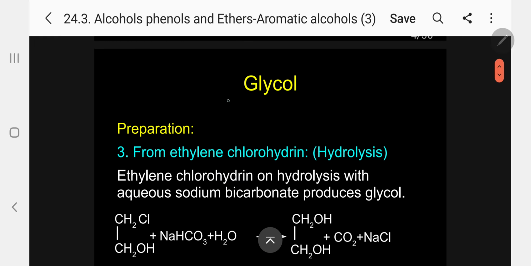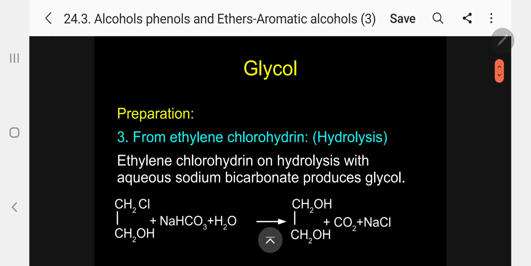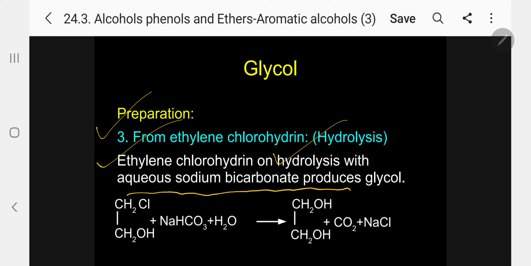Then next one. From ethylene chlorohydrin, we can prepare glycol. This method is called hydrolysis. Ethylene chlorohydrin on hydrolysis, that is by water with aqueous sodium bicarbonate solution, produces glycol.